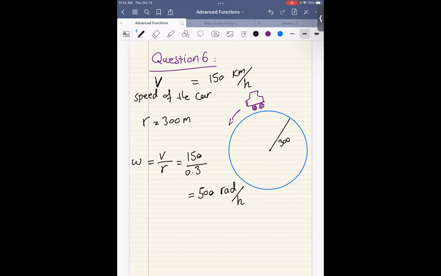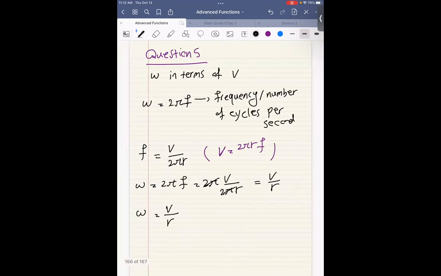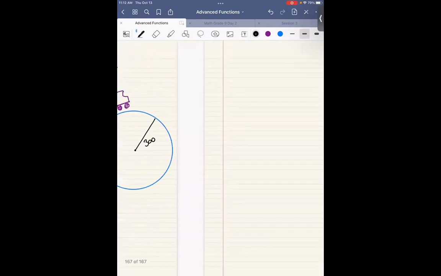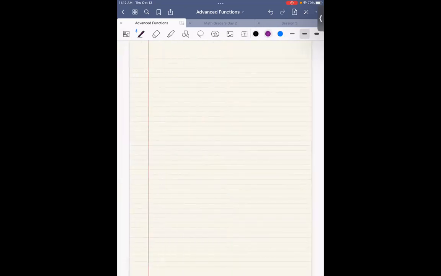So this is the formula for angular velocity in terms of the frequency. You can also write angular velocity in another formula, in terms of the change in theta: delta theta divided by delta t.